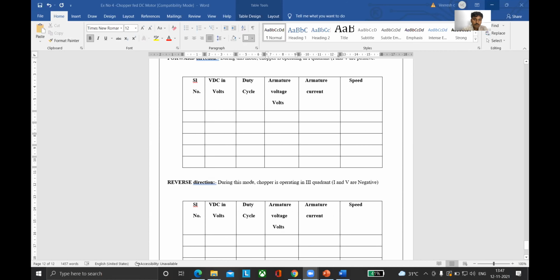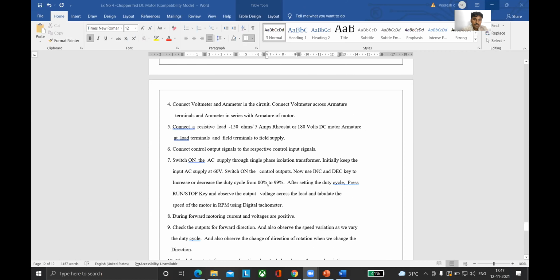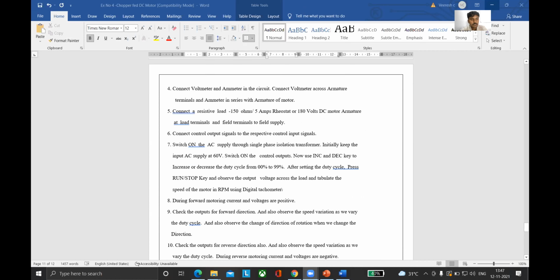Clear? In the same way, for reverse direction. We are providing one switch on the kit. Keep the supply in off condition, and give the connections as per the circuit diagram. The armature terminals are connected across the load terminals of the kit, and the field terminals of the motor are connected to the field terminals on the kit.